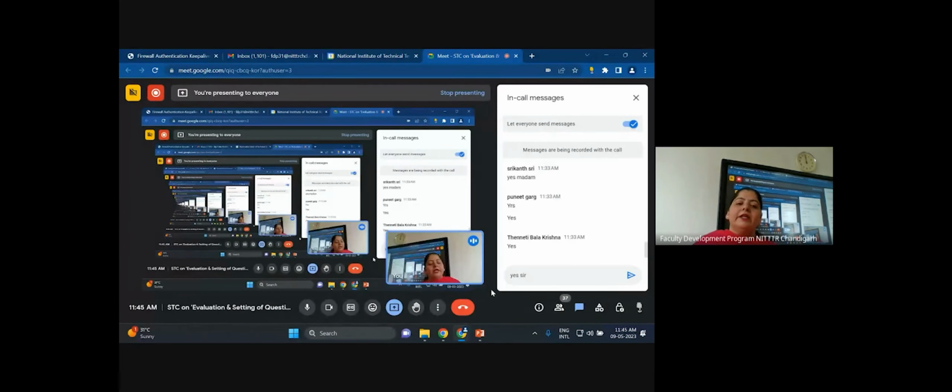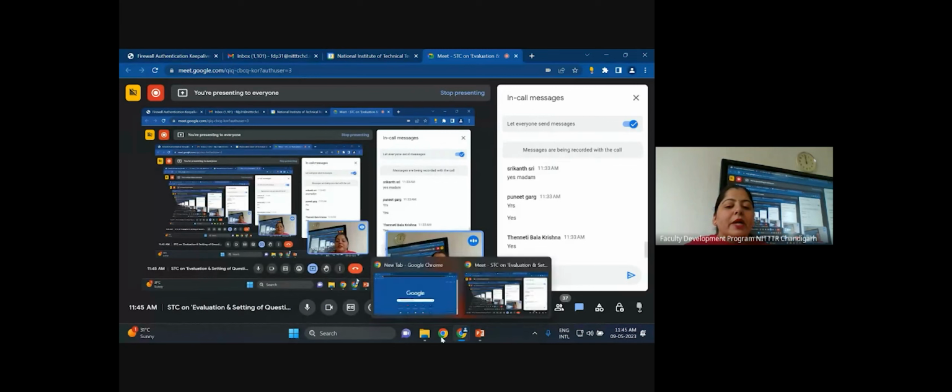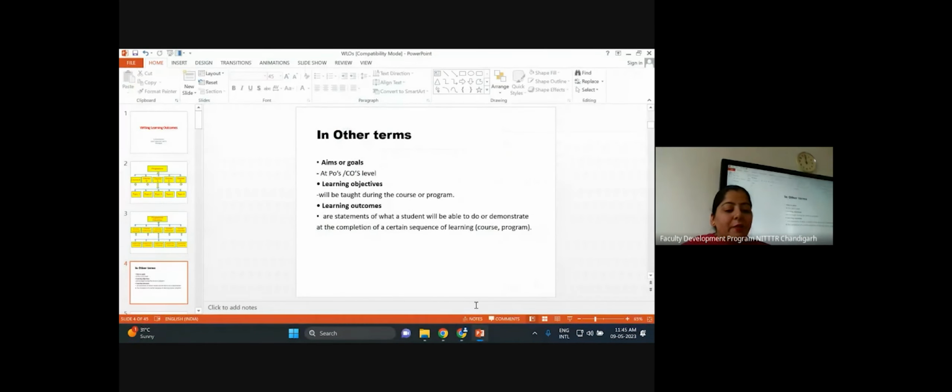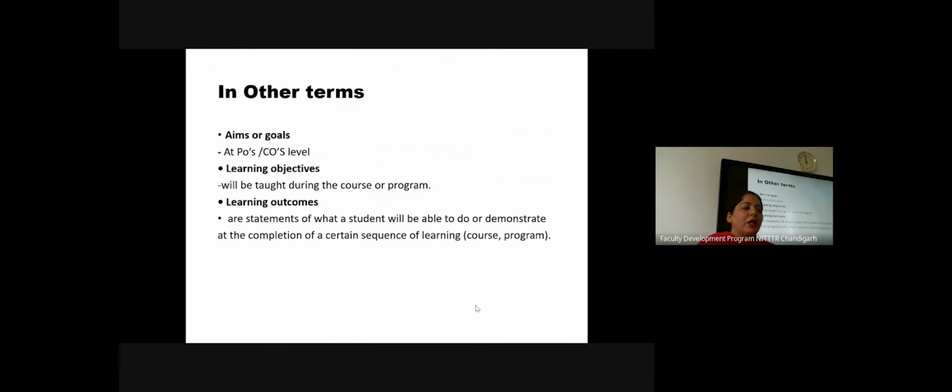So very rightly added by sir that when it comes to writing the learning outcome, there is some sort of taxonomy, that is Bloom's taxonomy, that we need to follow at institute level while writing those learning outcomes. And broadly, when we are writing learning outcomes, we need to focus on what we are expecting from our student population at institute level.